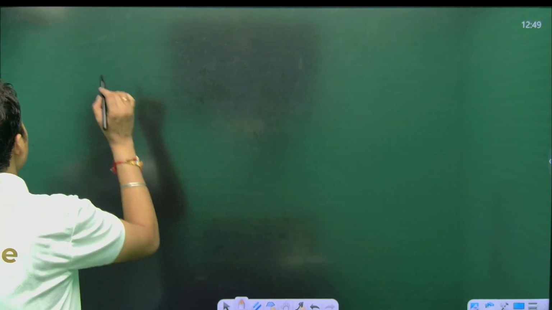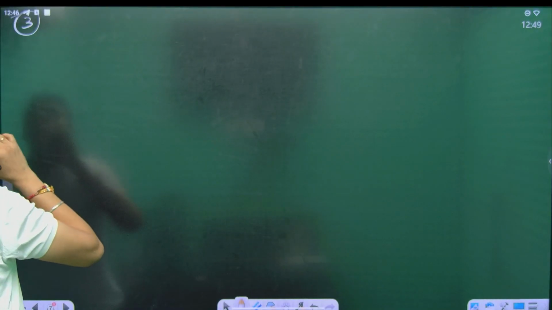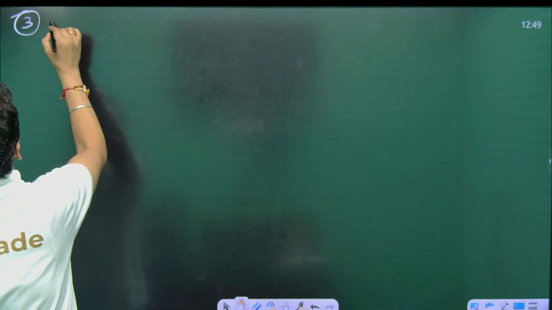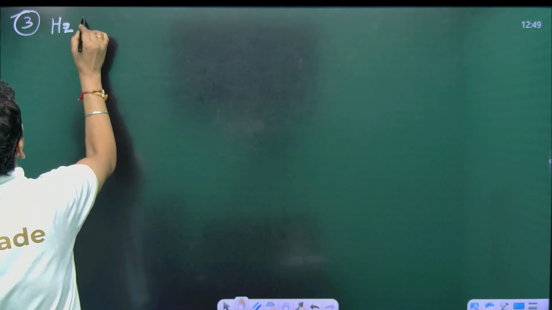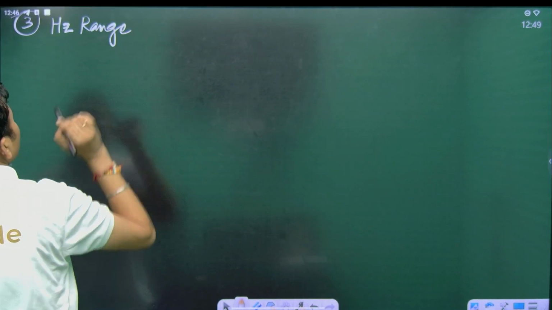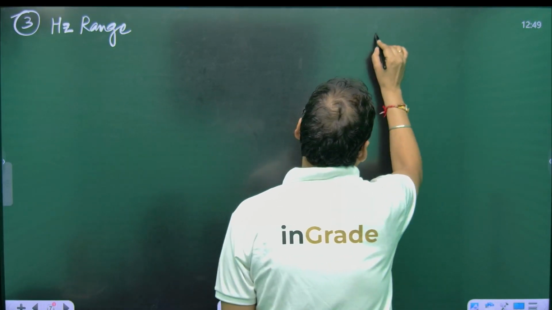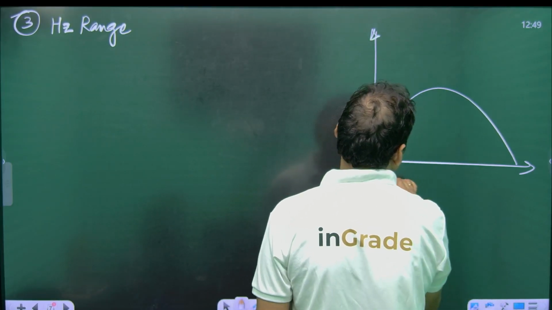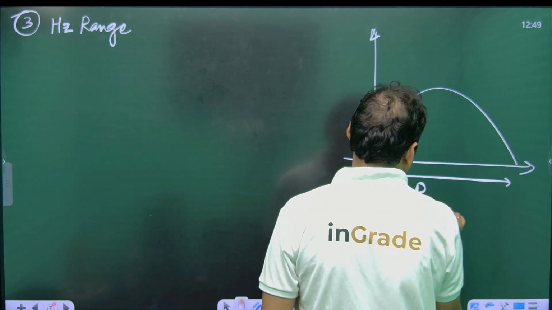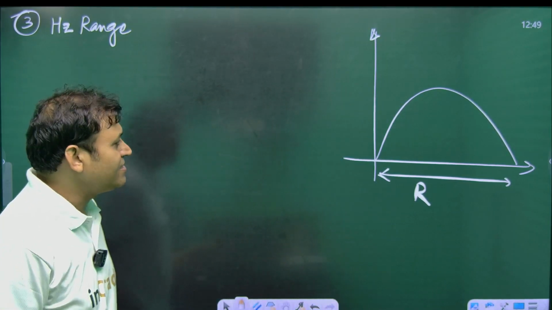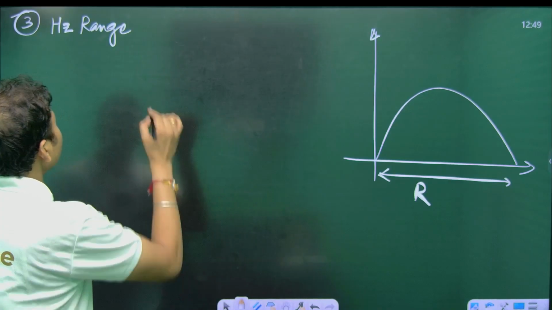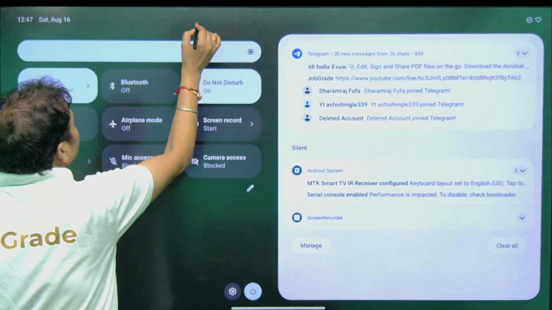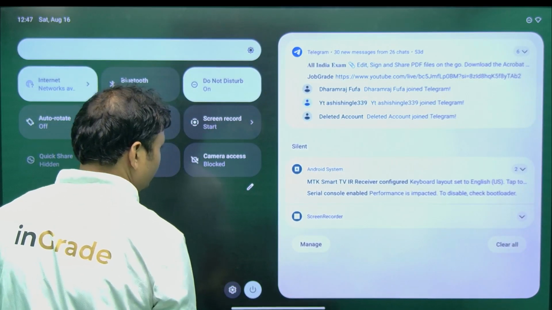Now we can also find out the horizontal range, the horizontal distance traveled by the particle during the entire motion. This distance is called R, because there is no acceleration in the x direction.